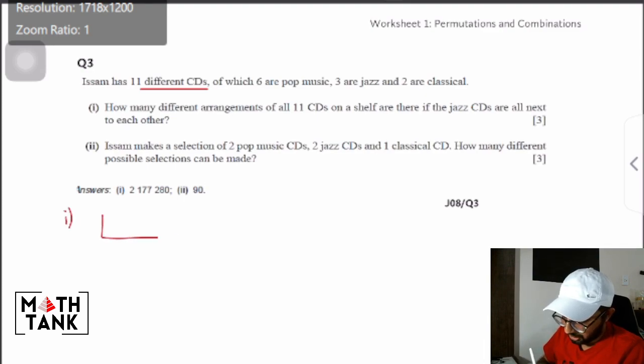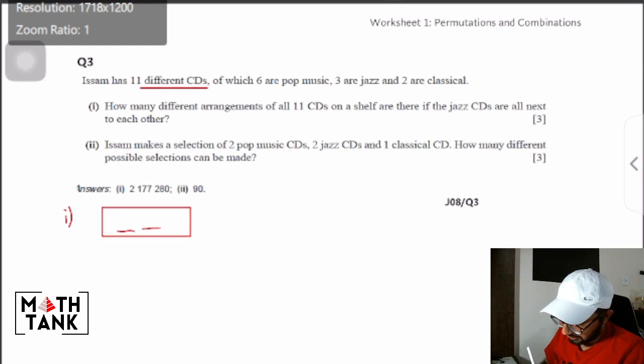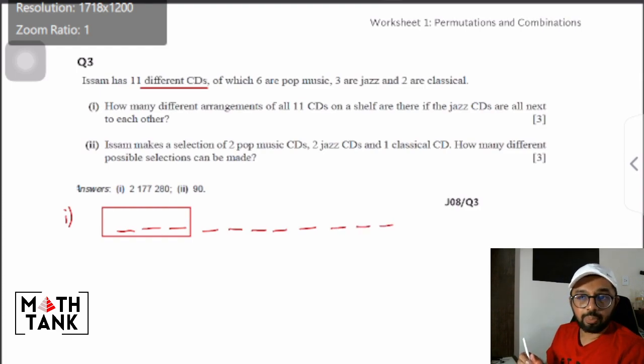So I'm going to make a box for the jazz CDs, and let's put in 3 dashes inside, and the rest of the 8 come outside. 4, 5, 6, 7, 8. Whenever you're putting something together and you're putting them in a box, make sure that you put a dash underneath that as well.